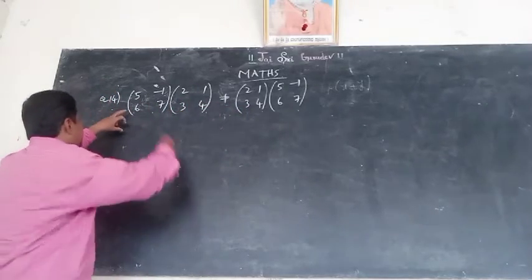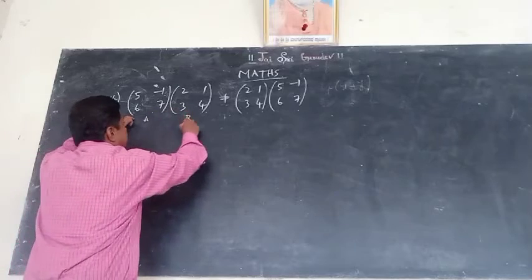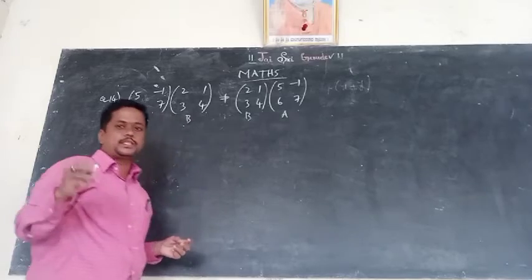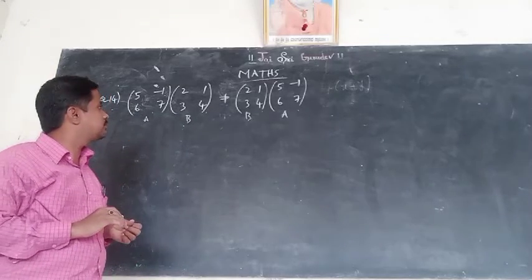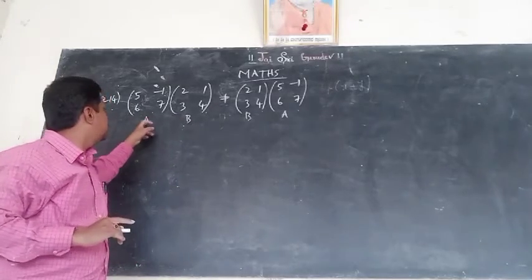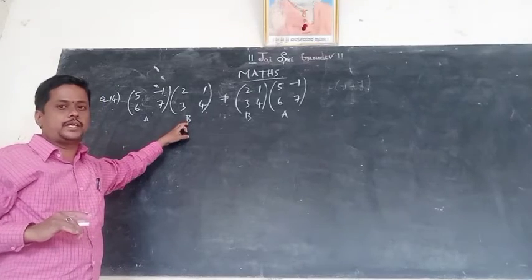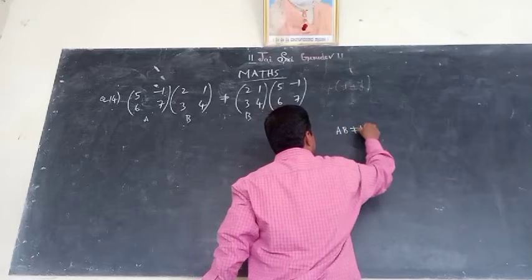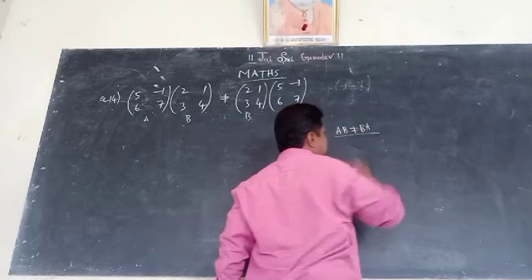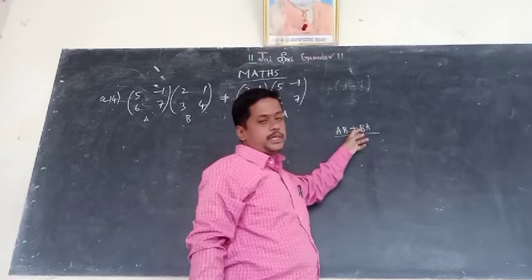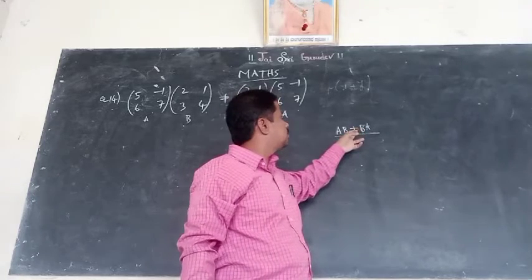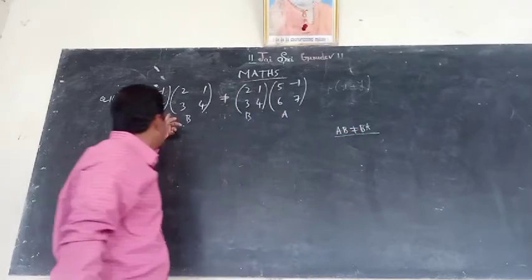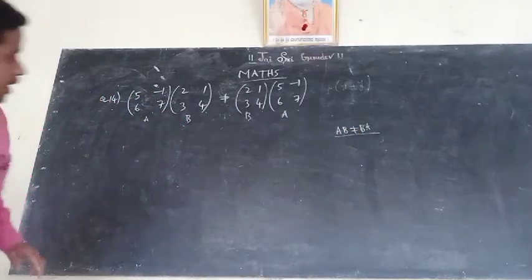Let us consider this is A, this is B. According to the properties of matrices, matrix multiplication is not commutative, so AB is not equal to BA. I have to check once.